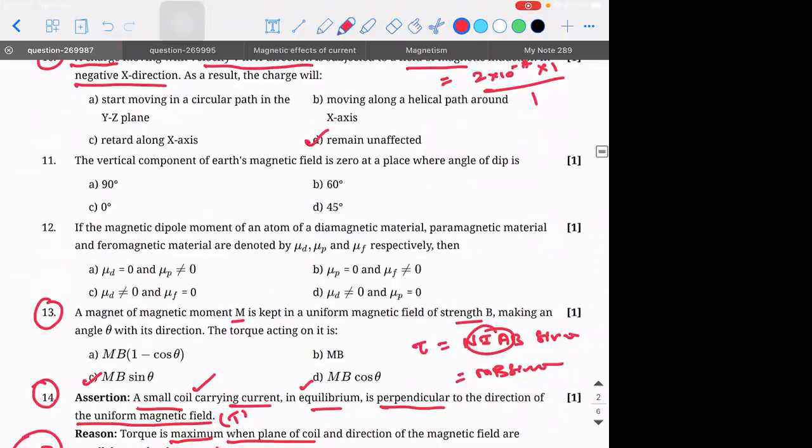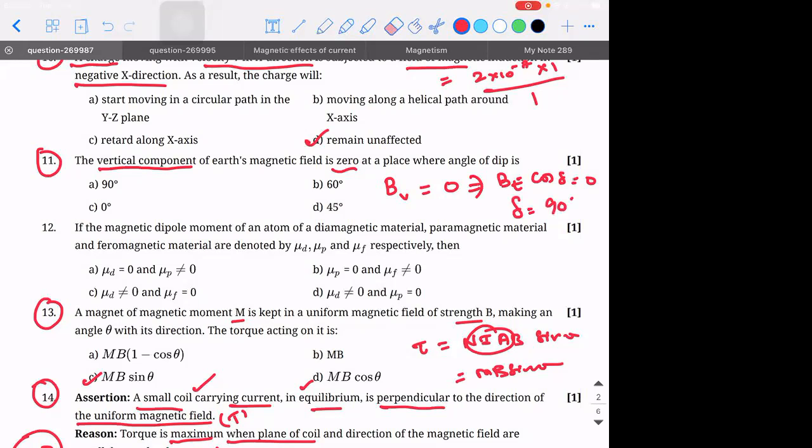Now look at it. The vertical component of Earth's magnetic field is 0 at a place. Then the angle of dip at that location is how much? They're saying the vertical component is 0. What is the formula of vertical component? It is BE cos delta, that is 0. So what is the answer, guys? Delta should be, B sin delta.